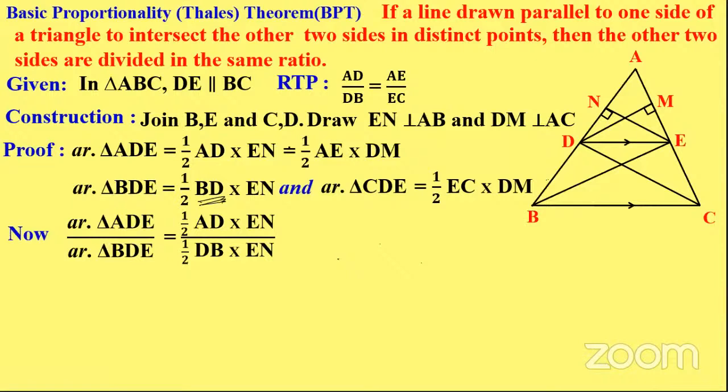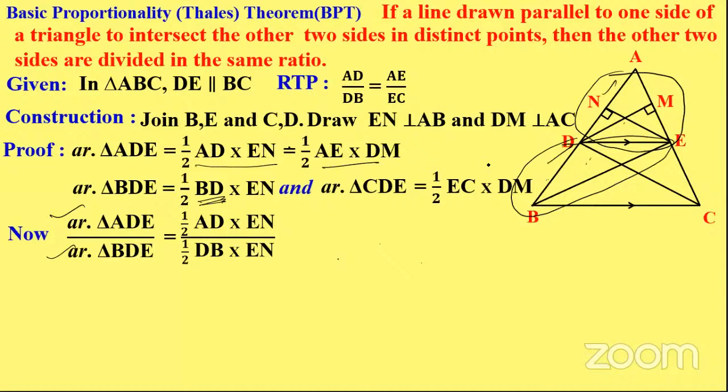Children, for the ADE area we have taken two different terms: one is half into AD into EN, and this is the triangle ADE. And this is the triangle BDE. These two have the same altitude; this is the base, this is the base. Then only our result will come.